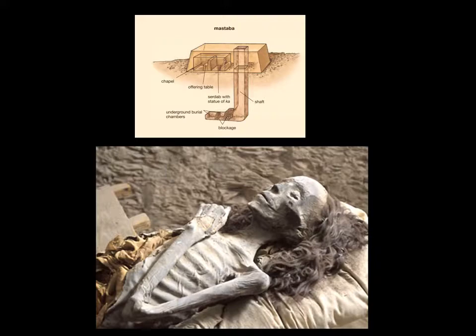Underneath, in the bottom of that vertical shaft, would be the actual burial ground, and this is where the mummy would be placed. Usually, even if the upper structure was built out of mud brick and was somewhat perishable, the pit down below would be lined with stone to keep out moisture, and then would usually be blocked up with either large stones or rubble infills, again as a way of keeping people out.